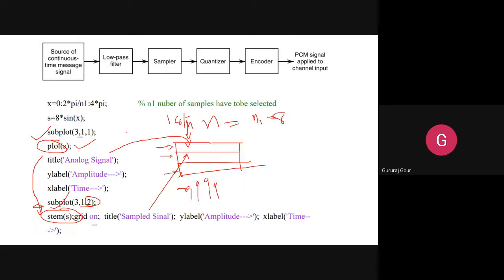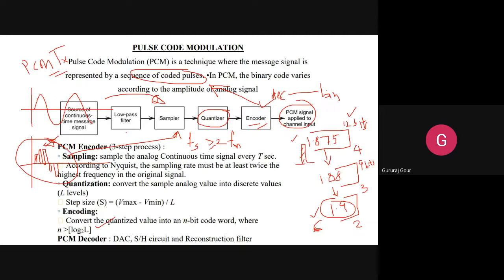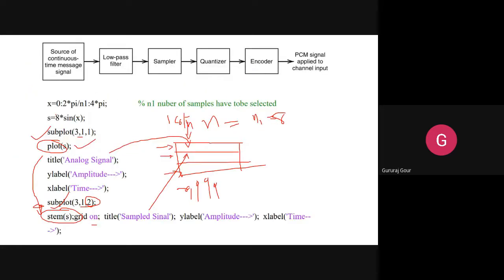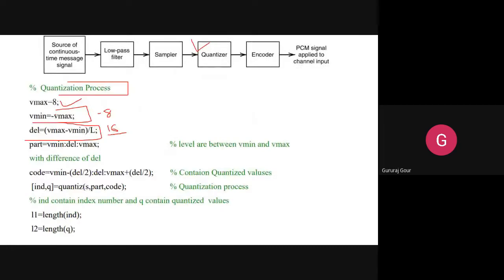So the number of levels, how much have you decided? L, you can see here, are the discrete values. So here it is defined. Divided by L, that is going to decide the step size.